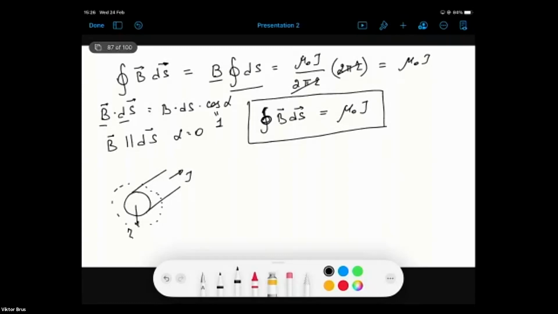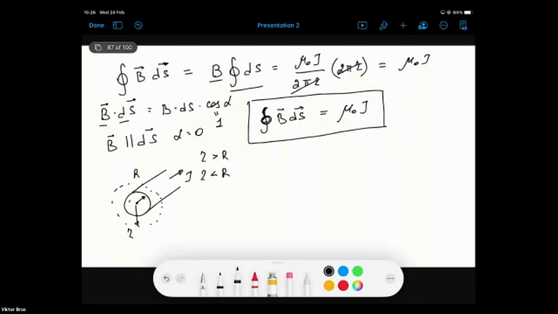assuming two cases. R is larger than the radius of the cross section of this wire. This is our radius of the cross section. And another case will be R is smaller than the radius of the cross section.